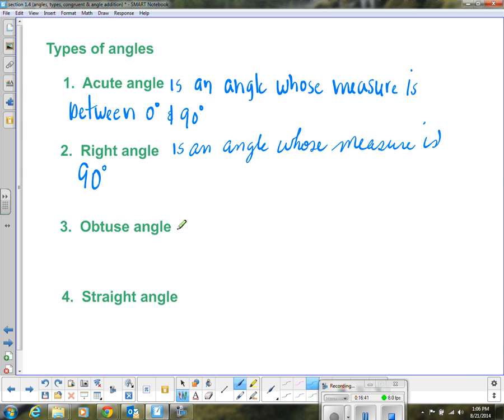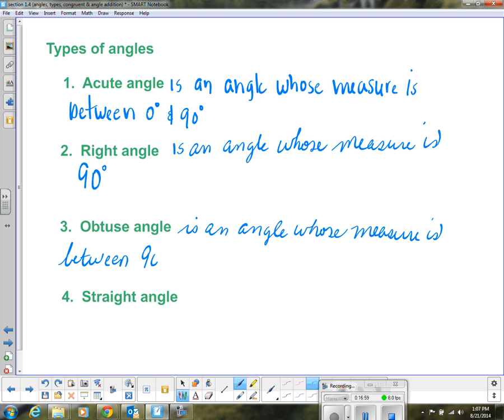An obtuse angle is an angle whose measure is between, again it's the word between, 90 degrees and 180 degrees. Not 90, not 180, but in between.